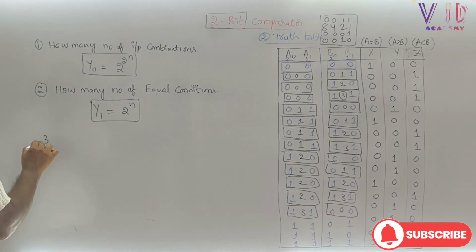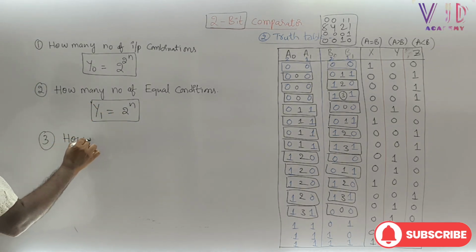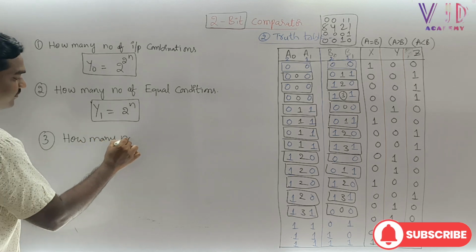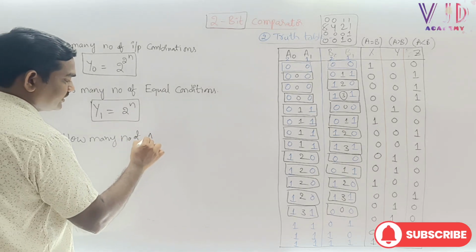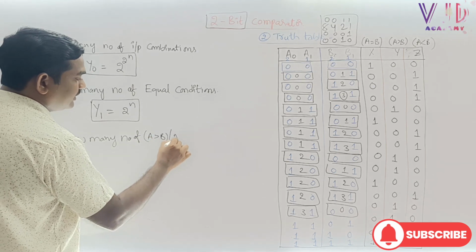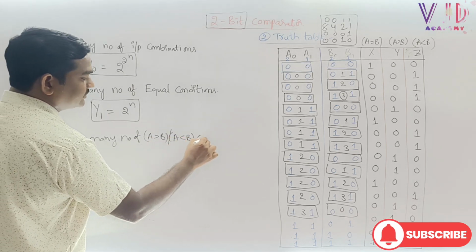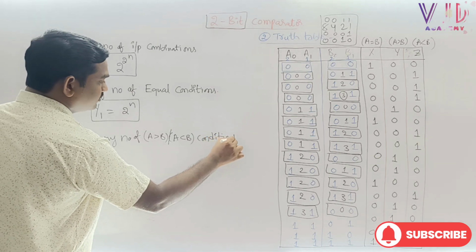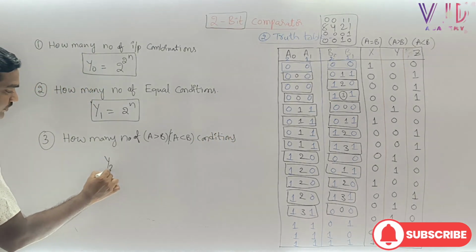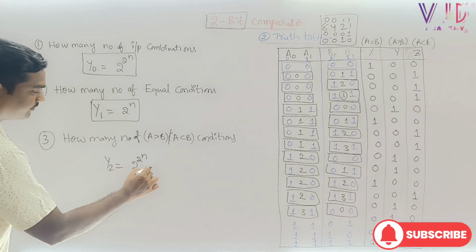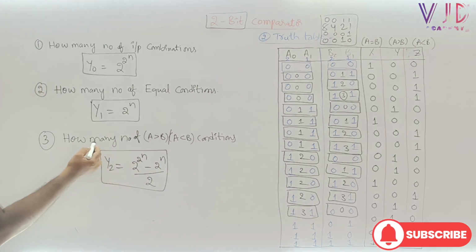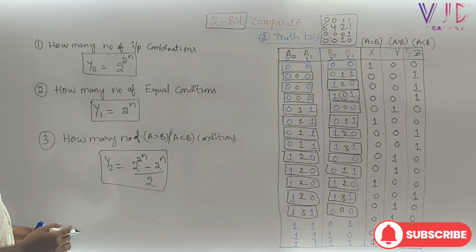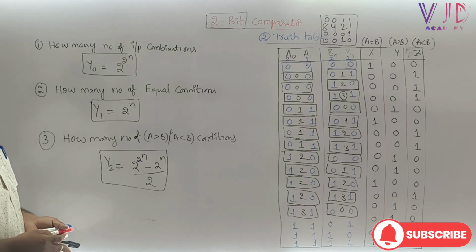And now coming to the third equation: how many lesser or greater than conditions, which means A greater than B or A less than B conditions. To calculate this, y2 equal to 2 power n minus 2 power n divided by 2. This is the third equation. Please note it down. Let us solve a few problems so that we will understand. These are very important equations.